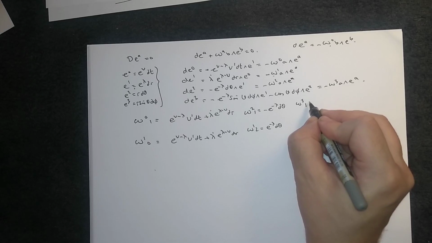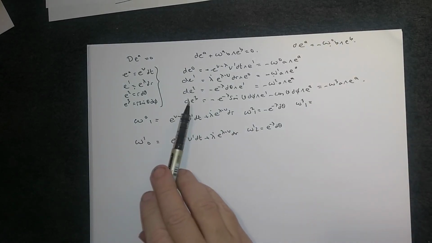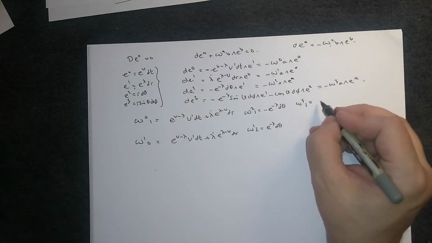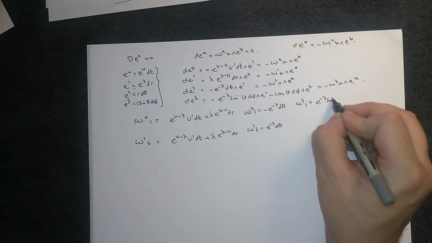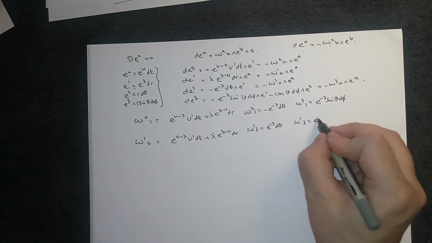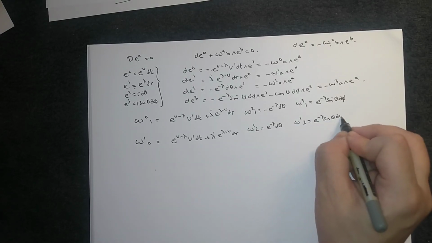Omega 3,1: e to the minus lambda sin theta d phi. Omega 1,3: e to the minus lambda sin theta d phi with a minus sign.